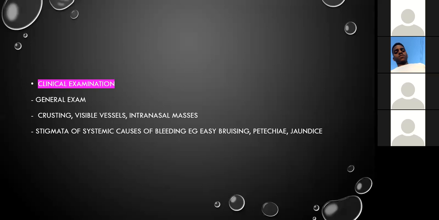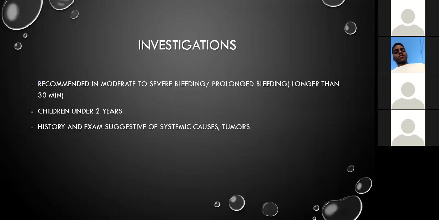You may be able to see intranasal masses, for example, if someone has a tumor in the nasal cavity. So this is to inform you what the management will be.